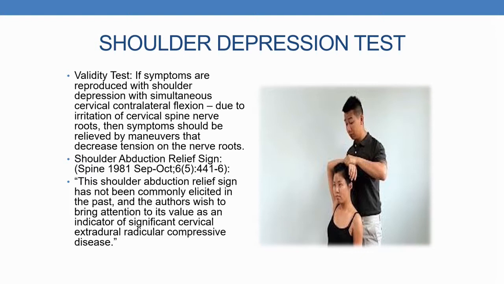So if symptoms are reproduced with shoulder depression and simultaneous cervical contralateral flexion, then those symptoms should be relieved by maneuvers that would then decrease tension on the nerve roots. And this brings up the shoulder abduction relief sign, also known as the Bakody sign.